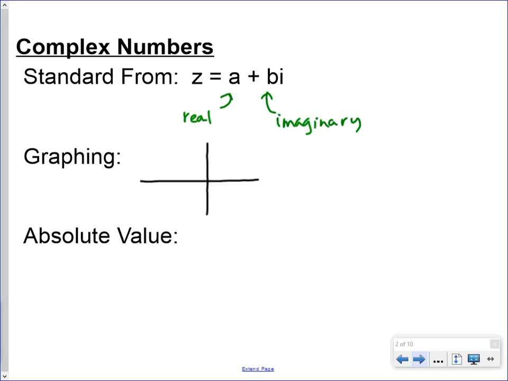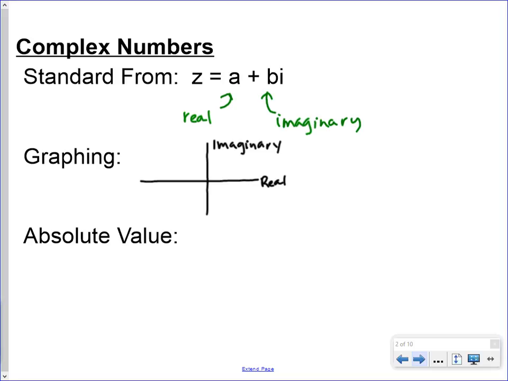We call it the complex plane. In the complex plane, your horizontal axis is your real axis, and your vertical axis is your imaginary axis. And then you plot your complex number a plus bi. You move a left or right on the real axis, and you move b up or down on the imaginary axis.